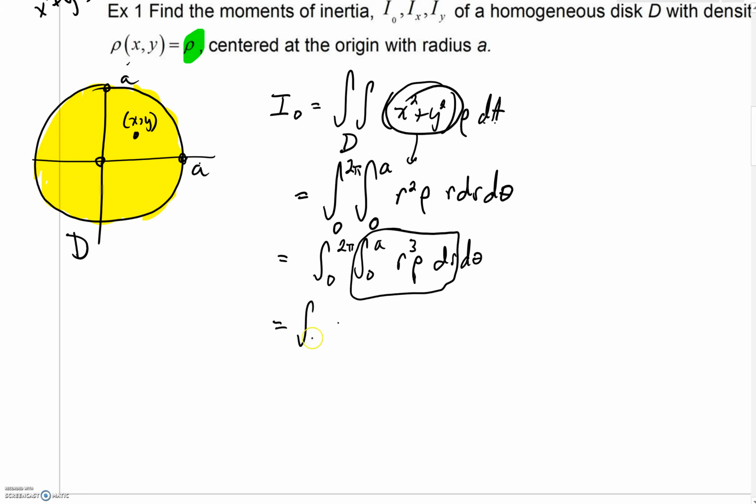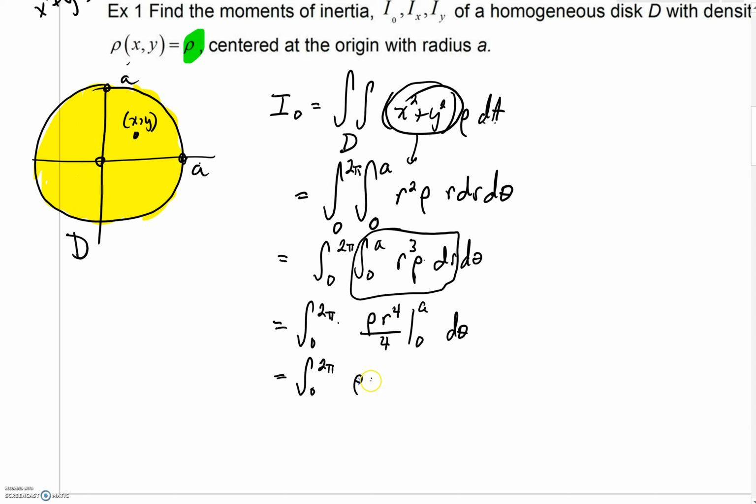As we take our antiderivative, we will bump r up to the fourth. I'm going to pull rho out in front at this point, since it is a constant, and we'll have r to the fourth over 4, evaluated between a and 0. Plugging in a 0, I hope everyone will quickly see that that just wipes out.